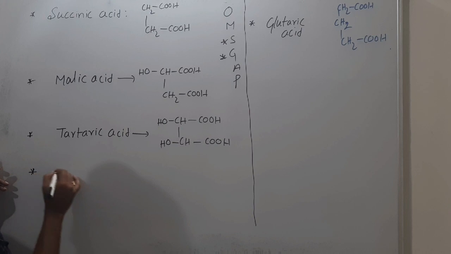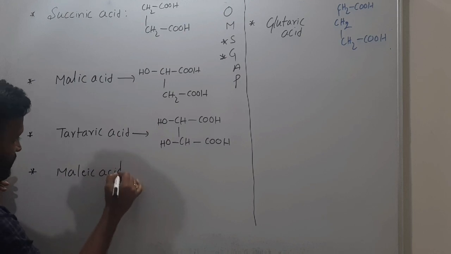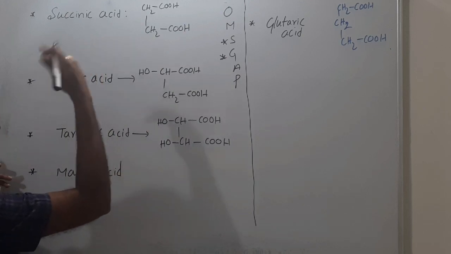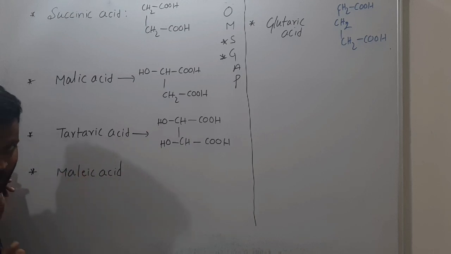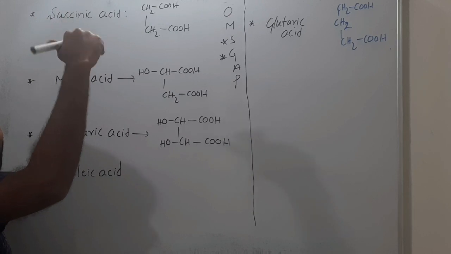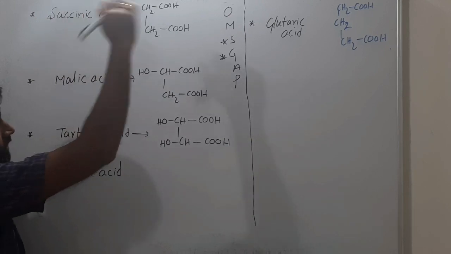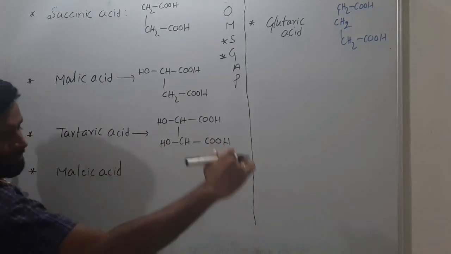And one more I will give you, that is maleic acid and fumaric acid. See, malonic, malic, maleic, don't get confused. First malonic, upper one, this one, malonic acid. Next, malic.